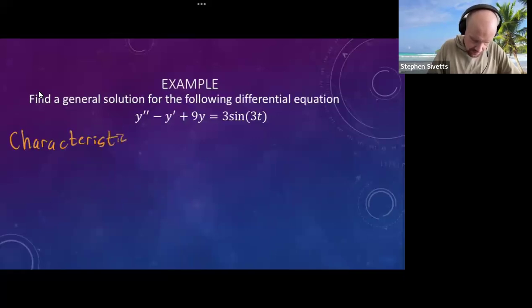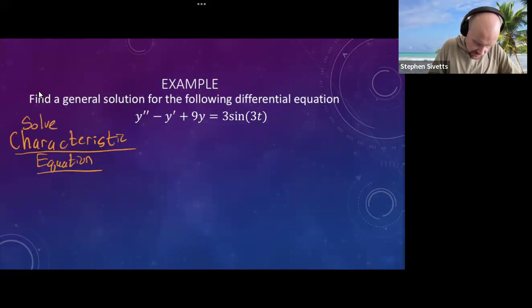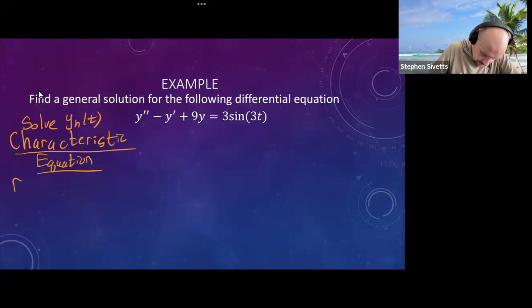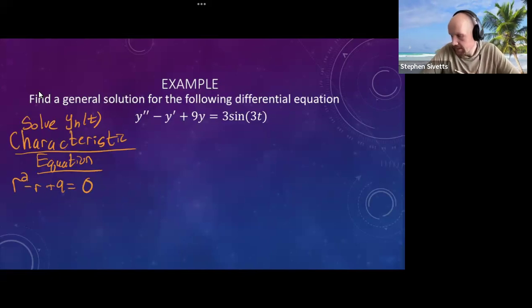First, we have to solve the homogeneous equation, solve for y sub h of t. So the characteristic equation corresponds to r squared minus r plus 9 is 0.